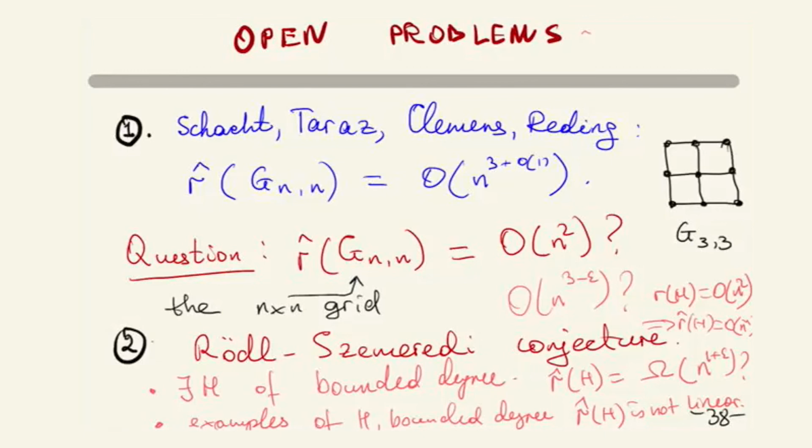No, even just for the normal Ramsey numbers, I was wondering: is the only way that we know how to prove that the Ramsey number of this graph is linear by going through this blow-up lemma, in regularity? Yeah, as far as I know, yes.